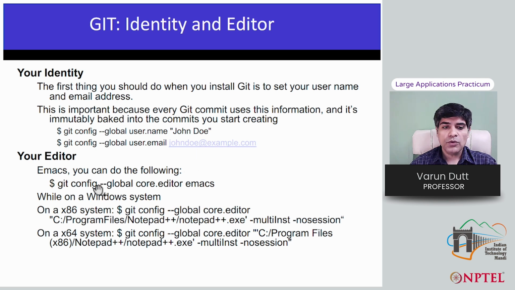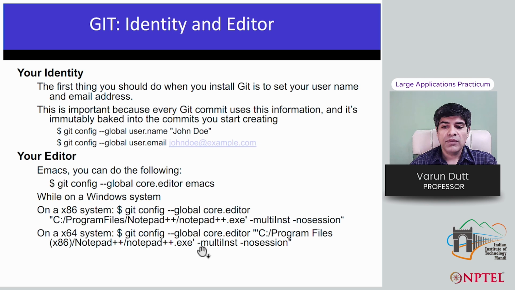So you also need to set up your editor in Git. If you want to set up, say, the Emacs editor, you can run git config --global core.editor Emacs, and on Windows you may set up some editor like Notepad++, where you give the path, and similarly on a 64-bit system you may give a path to the 64-bit version.